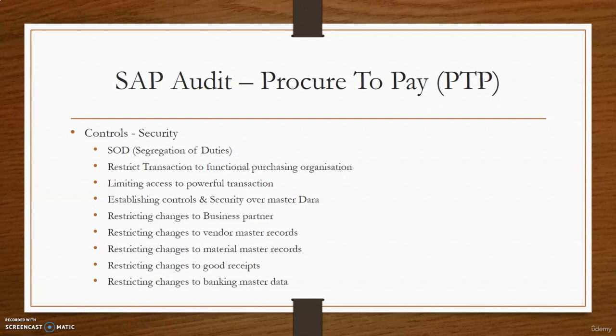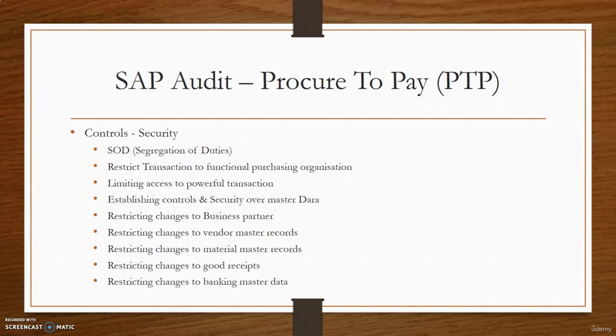There are certain authorization objects that can help to do that. Those authorization objects are B_BUPA_ATT, which restricts modification to specific business partners based on the value of any business partner field.